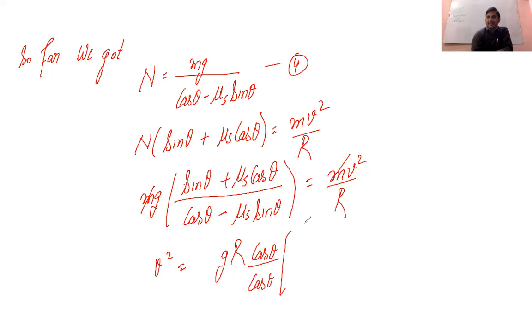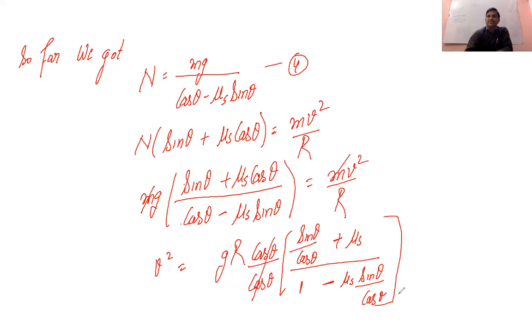So in the numerator it will be sin theta upon cos theta plus mu s only, and in the denominator it will be 1 minus mu s sin theta upon cos theta. Now we can cancel out this cos theta, and sin theta upon cos theta is tan theta here also.